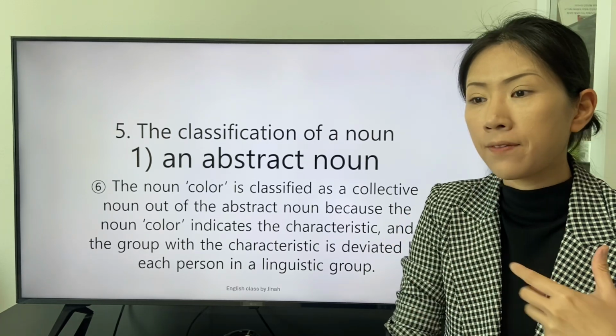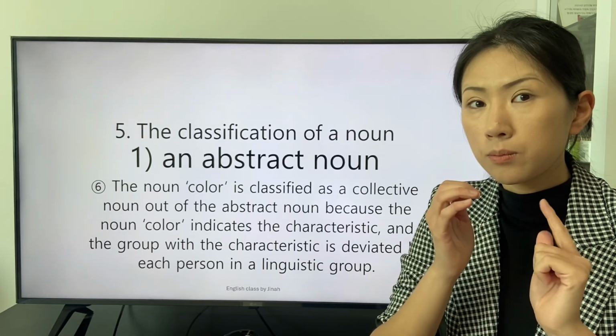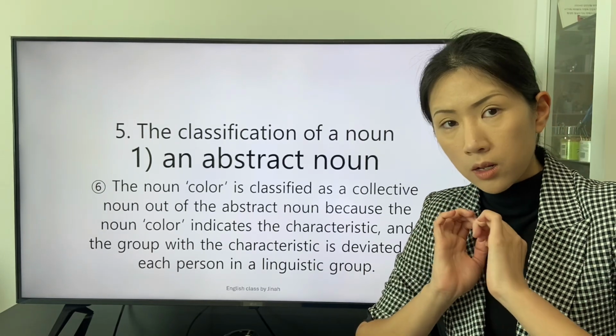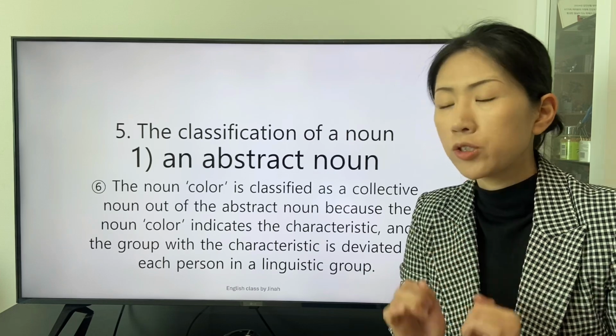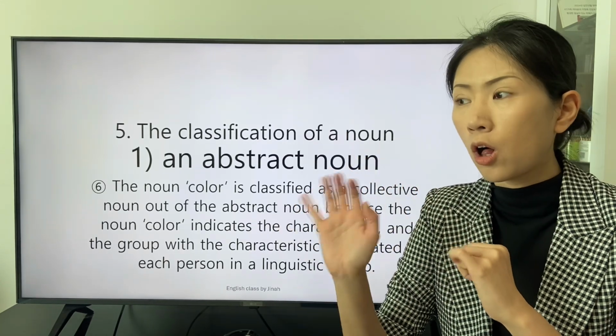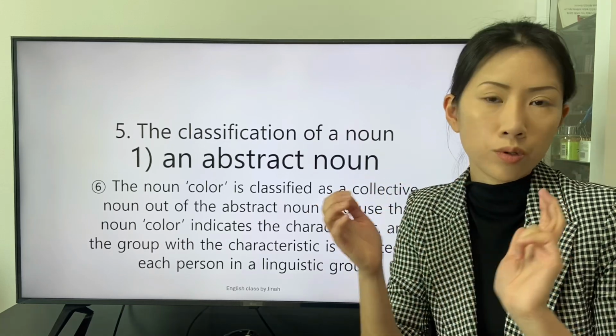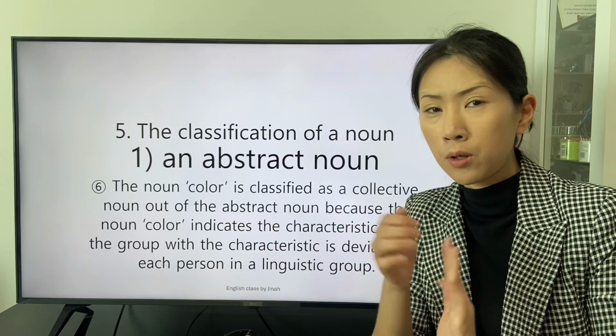A person can define what the color is with red, blue. Compared to the first one, the second person can define the noun color with red, blue, green, yellow, and orange.